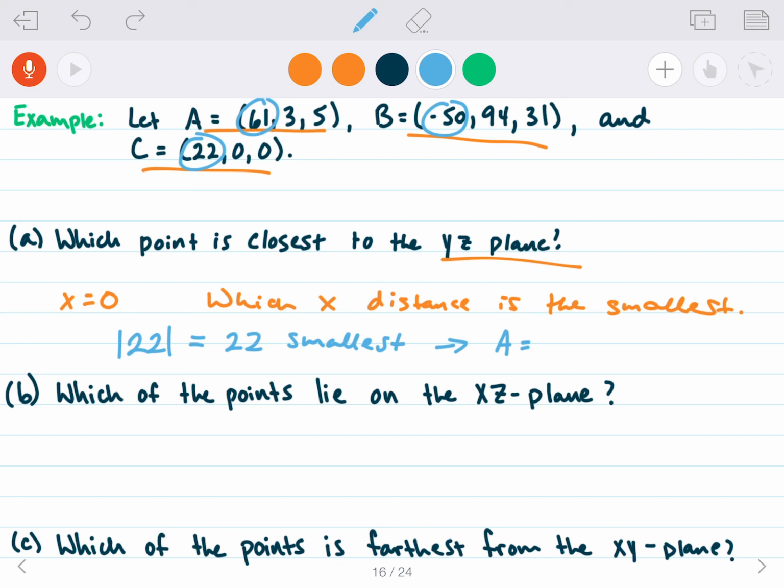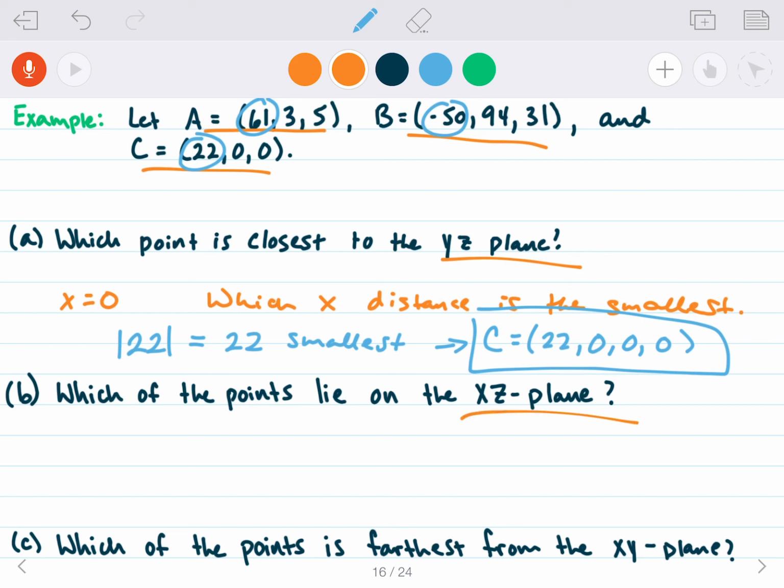Sorry, not A, C. C is 22. Okay, out of 22, 61 and negative 50, the absolute value of 22 is the smallest. Which of the points lie on the xz plane?